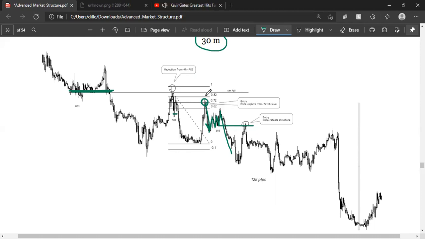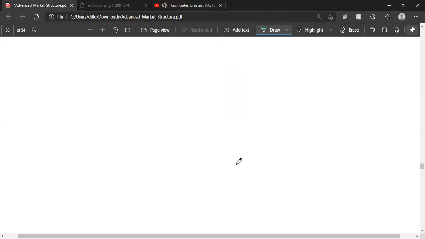So maybe we missed this entry here, but since we see structure getting broken to the downside again, we can catch maybe this one, right? So price retests structure, price rejects from 72 fib level, right?